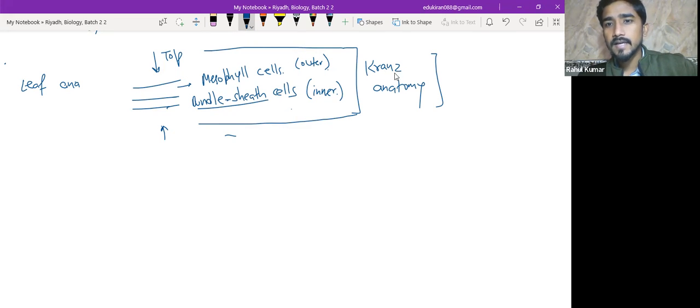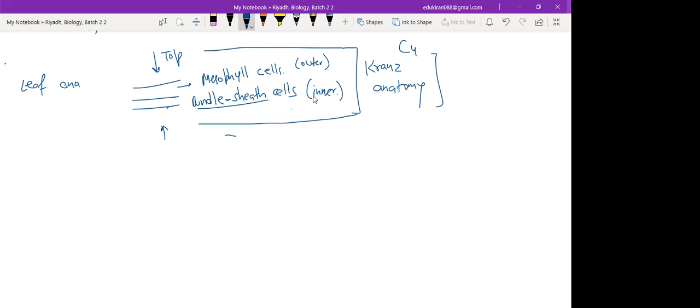Just know that Kranz anatomy is only present in C4 plants: mesophyll cells in the outer layer, bundle sheath in the inner layer, and a special arrangement of chloroplasts. Is it clear?